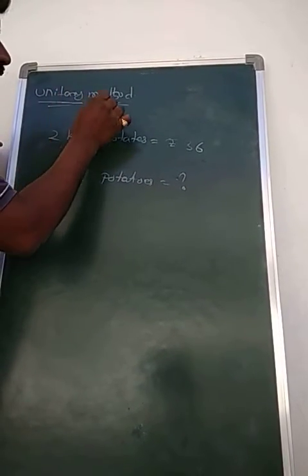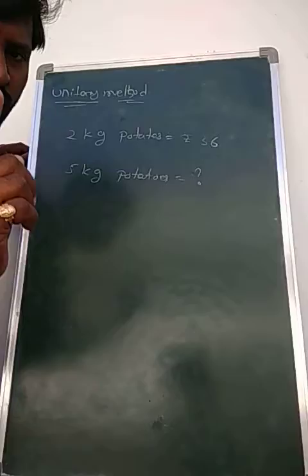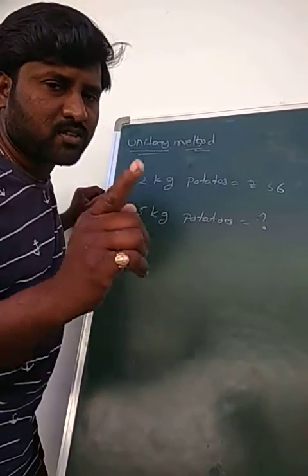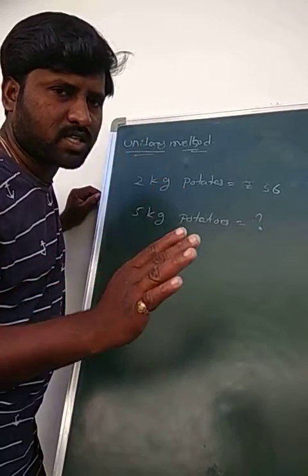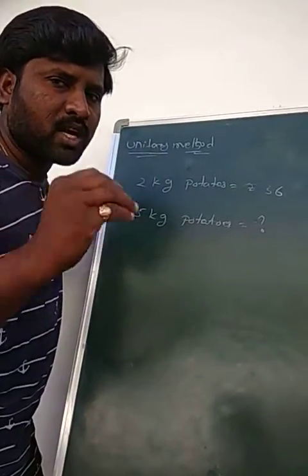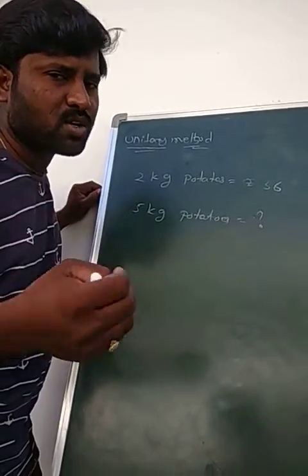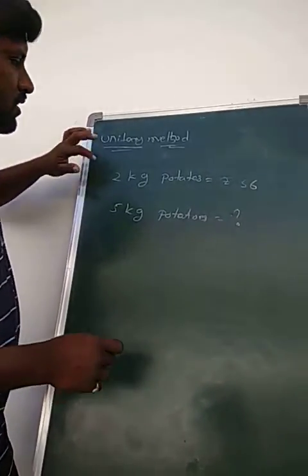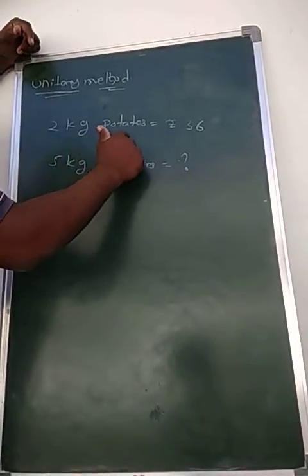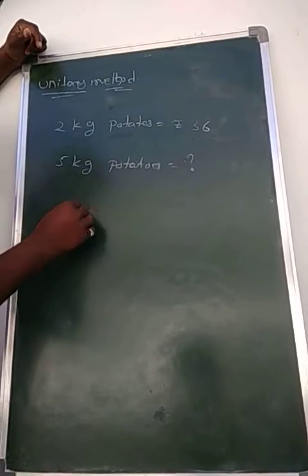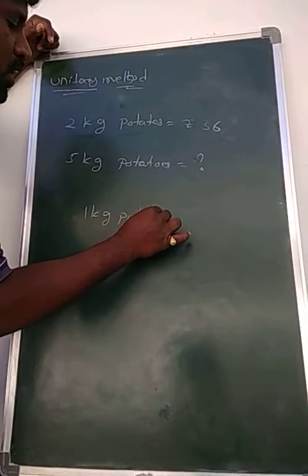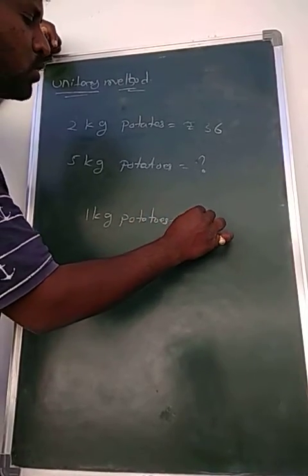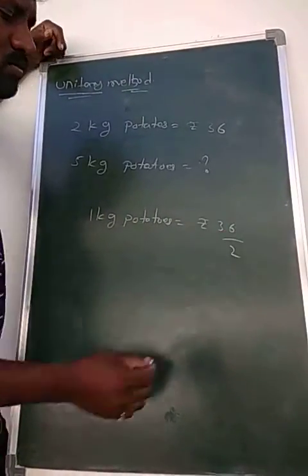So in the unitary method, first of all we are going to find the one quantity. First we have to find out one quantity, then with the obtained value we have to find out the required number of quantities. Now see here, 2 kg potatoes is equal to rupees 36, so 1 kg potatoes is equal to rupees 36 by 2.